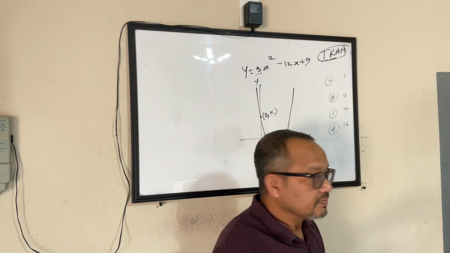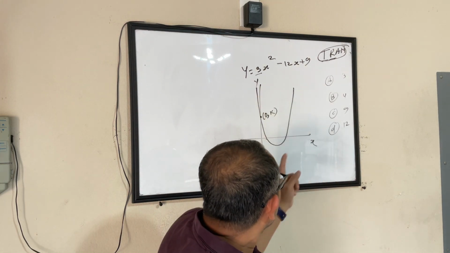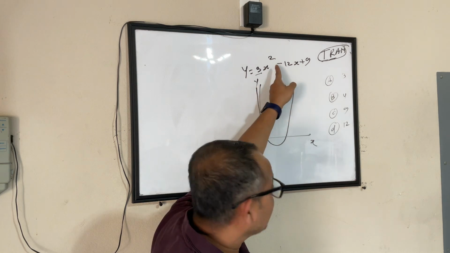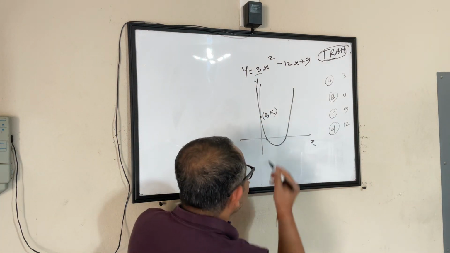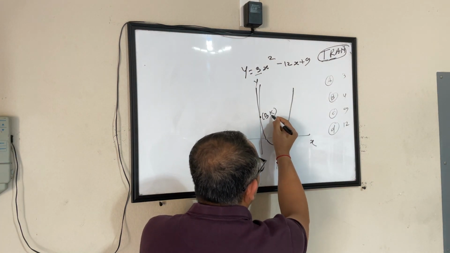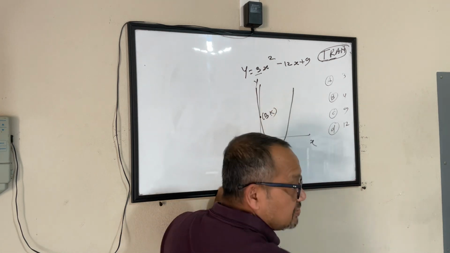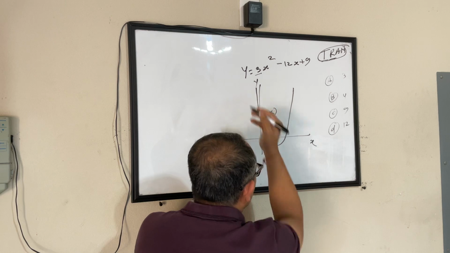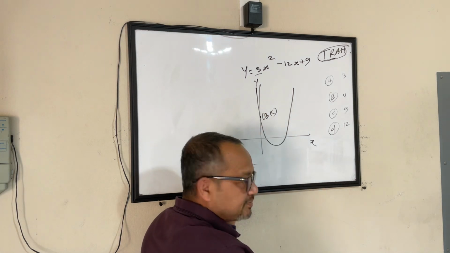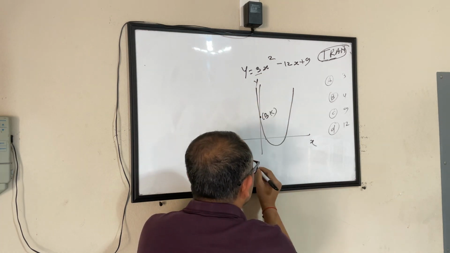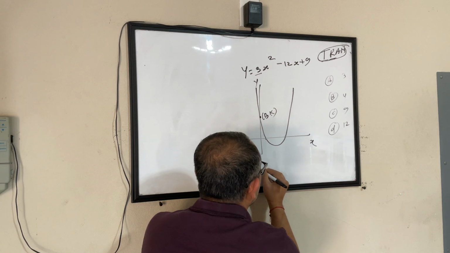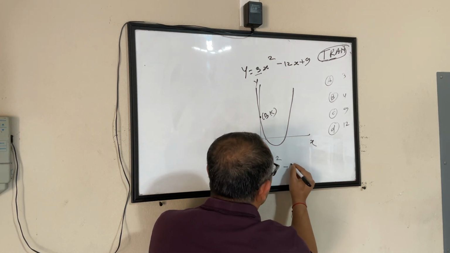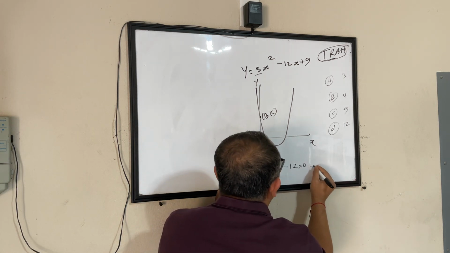So this point is going to follow this equation: x value is 0 and y value is k. Let me substitute that in the same equation. Y is k, I don't know what k is, so I'll just put y as k. My x value is already known to me, 0: 3 into 0 squared minus 12 into 0 plus 9.